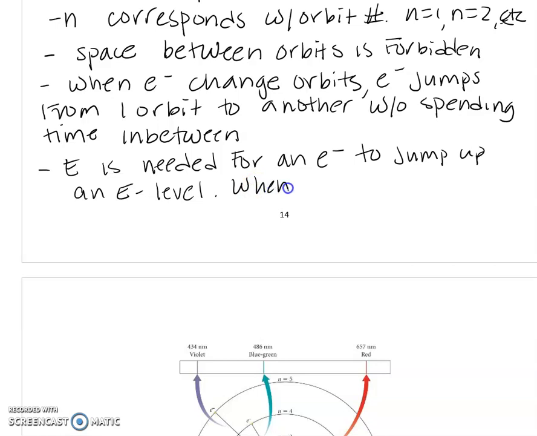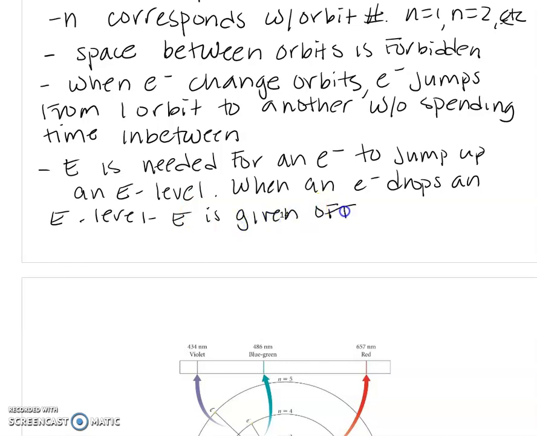And when an electron drops an energy level, energy is given off. And it's given off or released in the form of light. And sometimes this light is visible light.